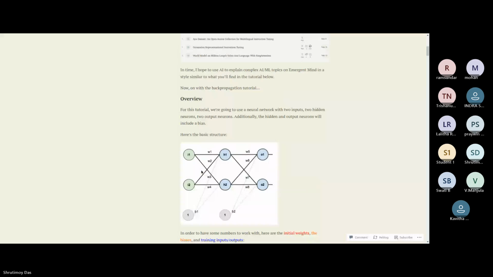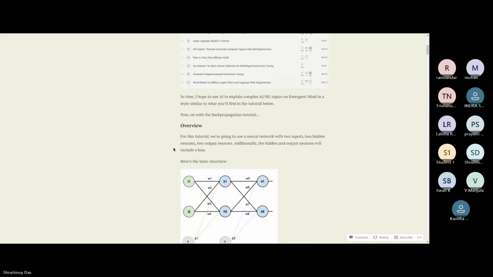I don't know about others, some people are able to see this. So again, you must reconnect, I think.